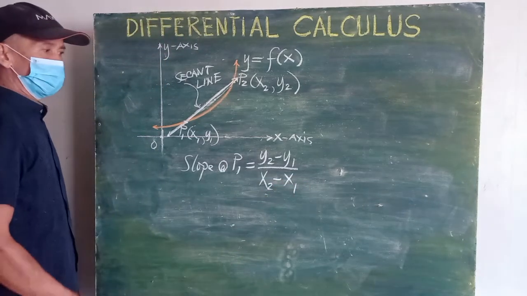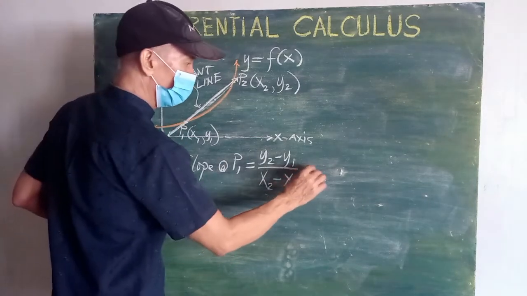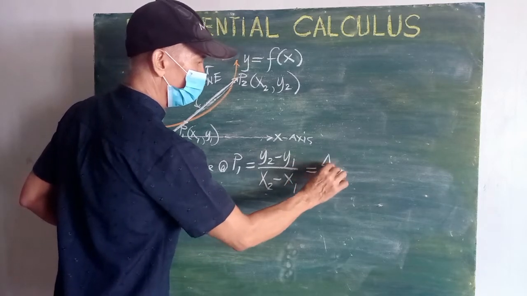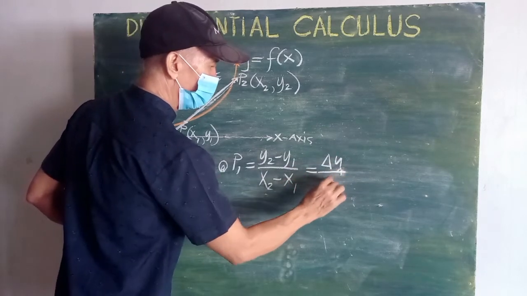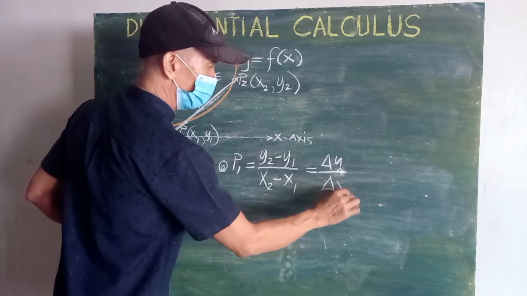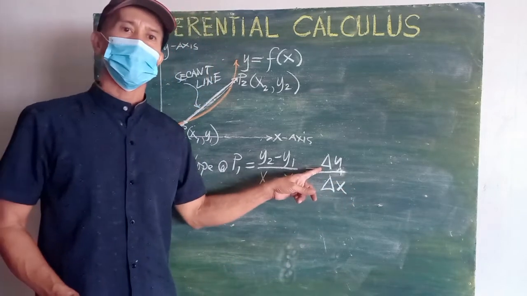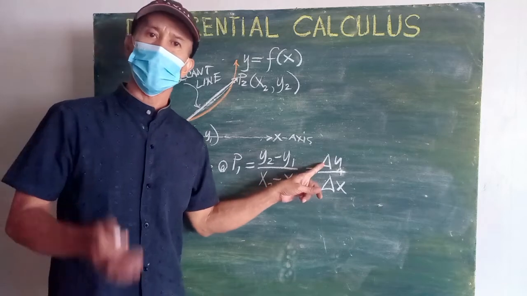Okay? And that is also represented by delta y over delta x. Anong ibig sabihin nito? Yung triangle tapos meron siyang y.